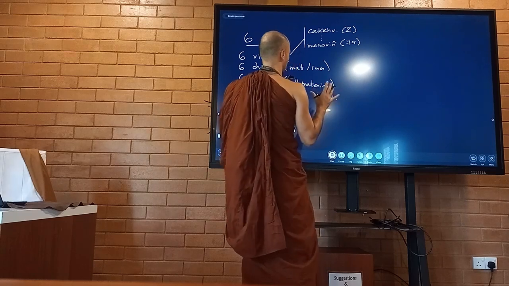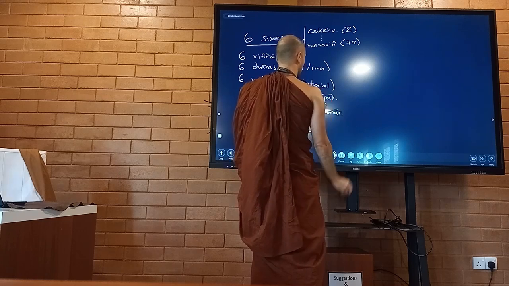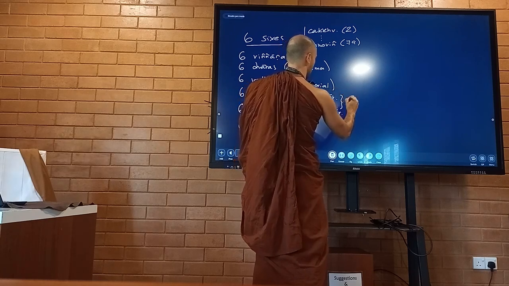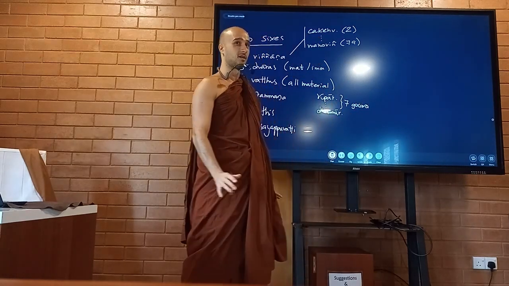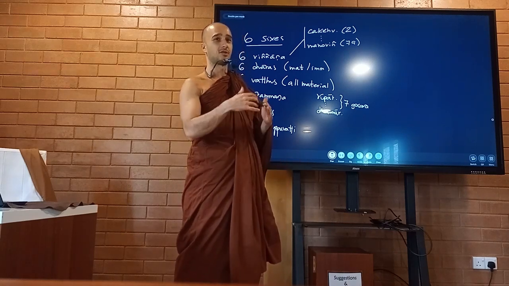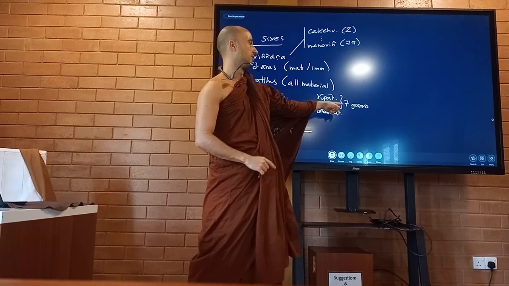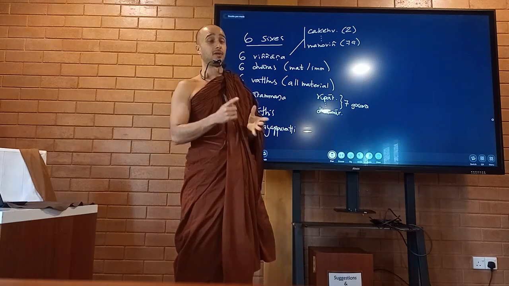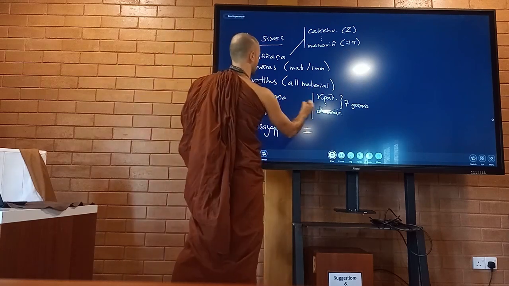So among the first 5 are the 7 Gochara Rupas. Everything else is Dhamma ramana. So you can just make up the list: chittas, chetasikas, 21 rupas, and Nibbana, Panyati. These are the aramanas.